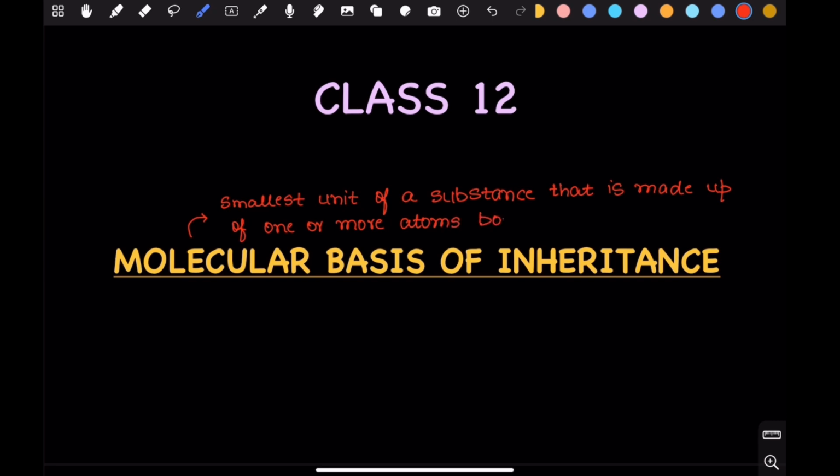So you've got to know what a molecule is. It's the smallest unit of a substance that is made up of one or more atoms bound together by chemical bonds. The second important word in molecular basis of inheritance is inheritance.